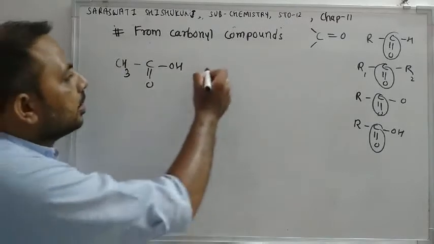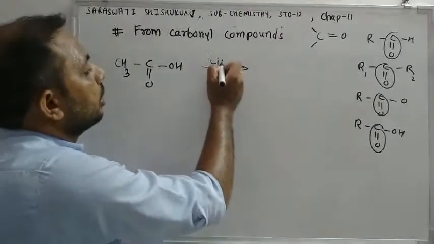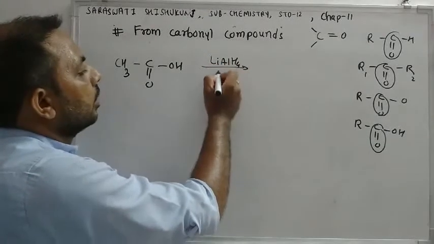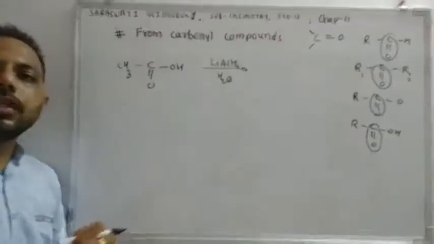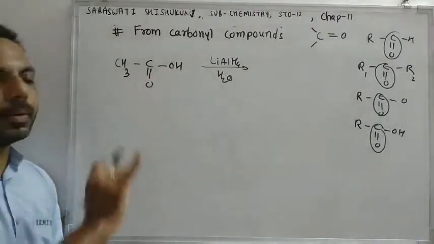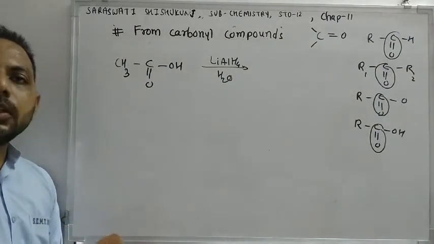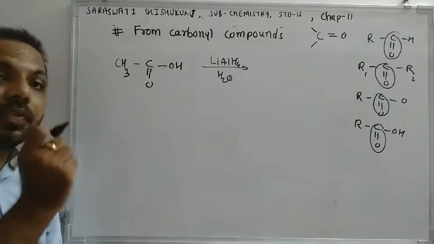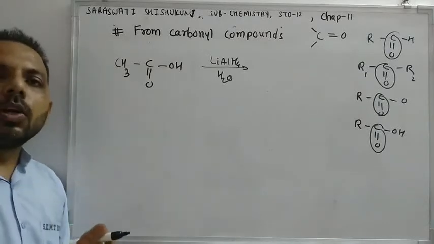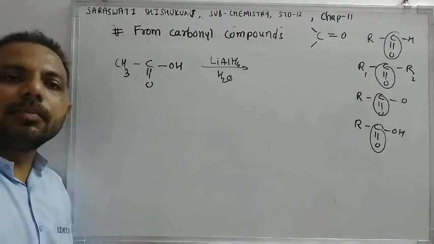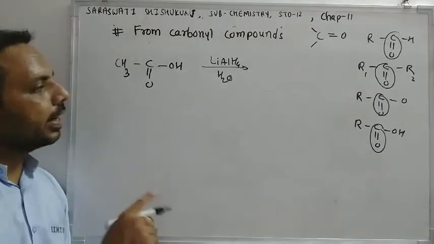It is reduced by lithium aluminium hydride. Here always the strongest reducing agent will be used, because for the reduction of carboxylic acid, a weak reducing agent cannot work. So always a strong reducing agent like lithium aluminum hydride is used.